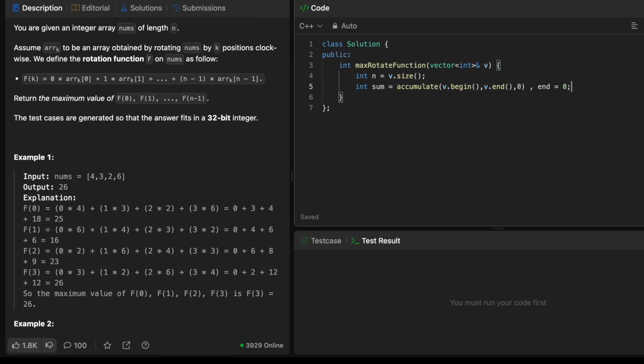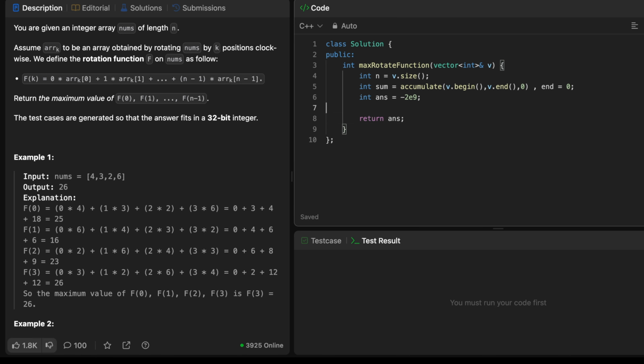Then end is 0. Then answer is some value which is very negative, because we need to give the maximum value, and our array can have negative values as well, so answer could be very negative, so we have to take the most negative possible value as the default one, and we'll return answer.